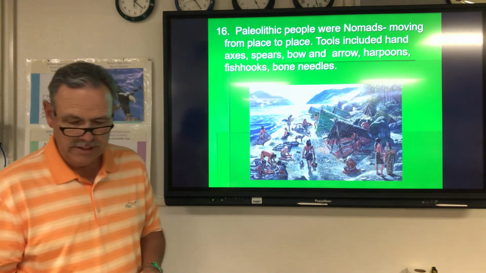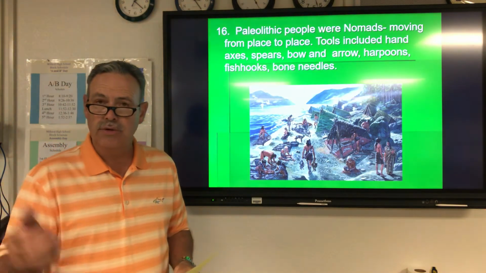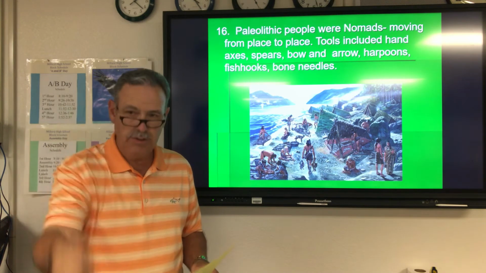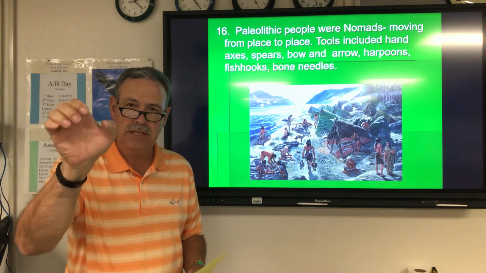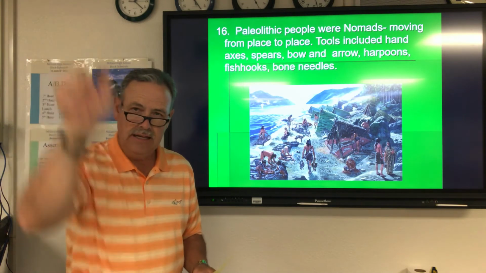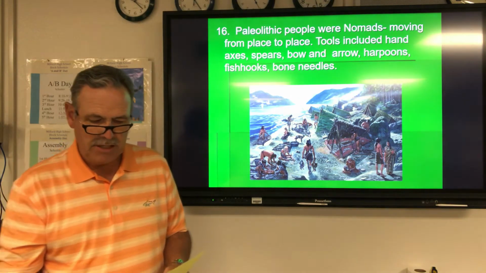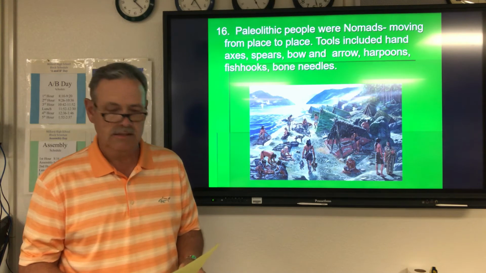Some of their tools included the hand axe. So instead of a wooden handle that you would hold on to and hit down with, you would just actually hold a piece of stone in your hand and then come down with it like that. Spears, bow and arrows, harpoons, fish hooks, and bone needles.